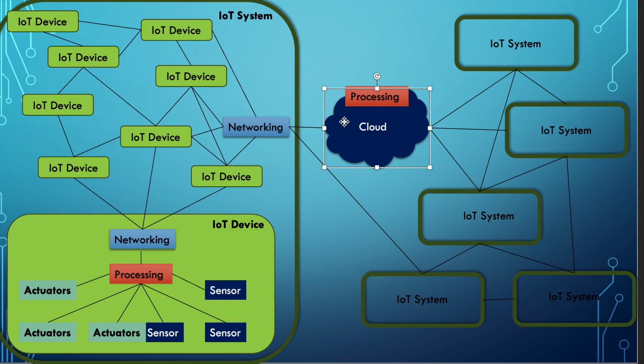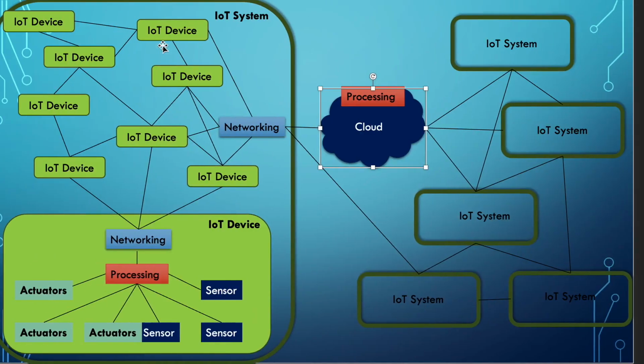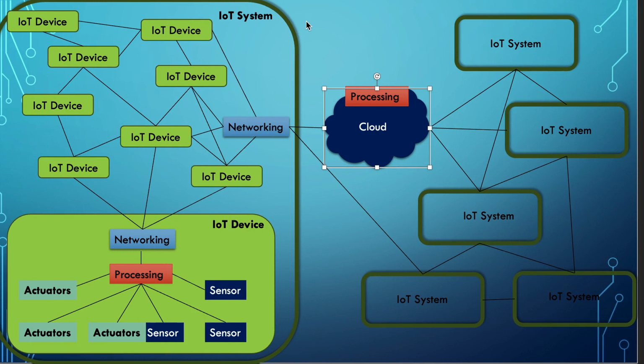Using cloud resources, we can run our algorithms. If you take weather information, there are specific algorithms that can predict the future weather, so we can use cloud resources to do that heavy lifting, right?